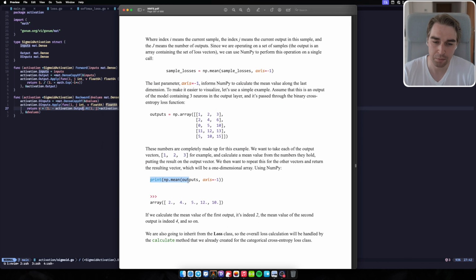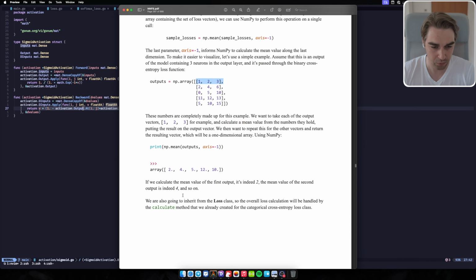Using numpy, this prints the mean values. If we calculate the mean value of the first output, it's indeed 2. The mean value of the second output is 4, and so on.